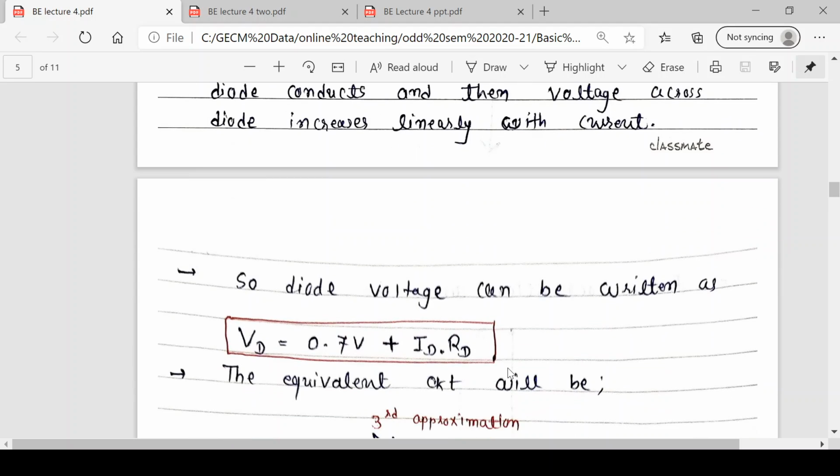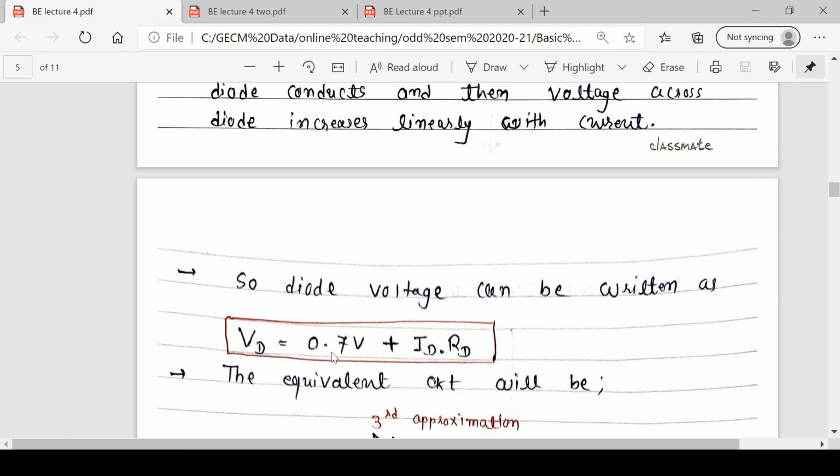Now in this case, your diode voltage is not only 0.7, it has some drop across the bulk resistance. So the diode voltage in the third approximation can be written as V_D equals 0.7 plus the drop due to bulk resistance, that is, whatever current passes through the diode multiplied by the diode resistance, which is the bulk resistance.